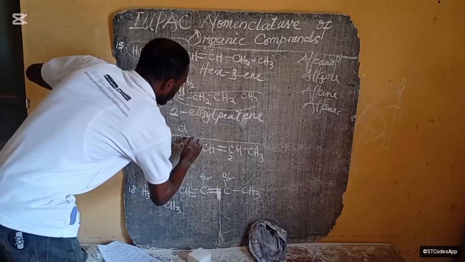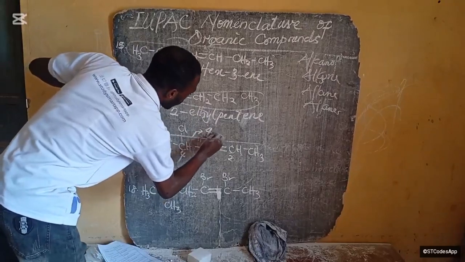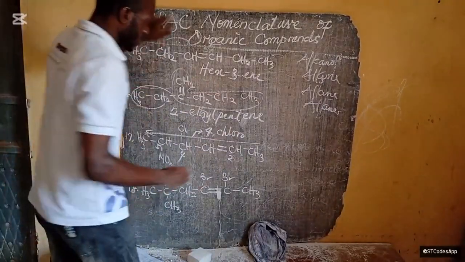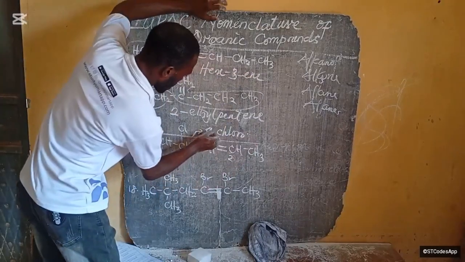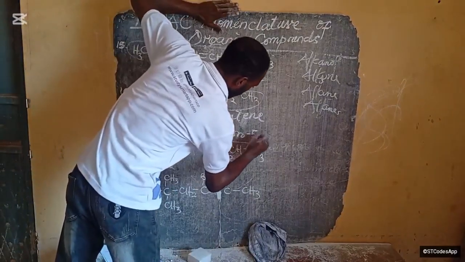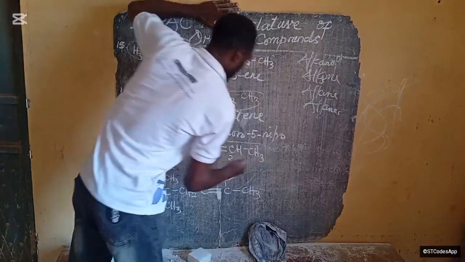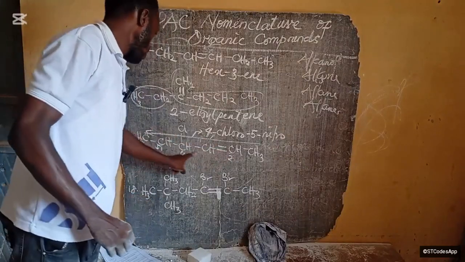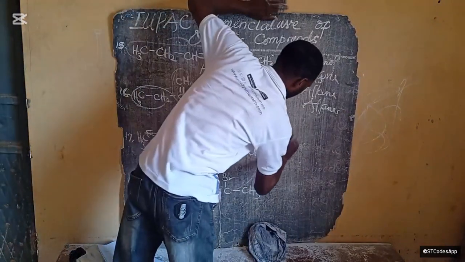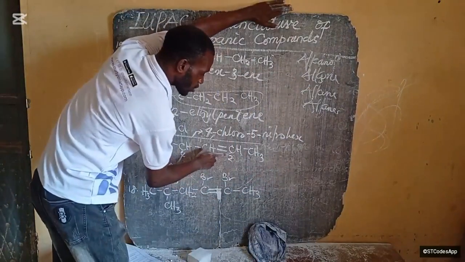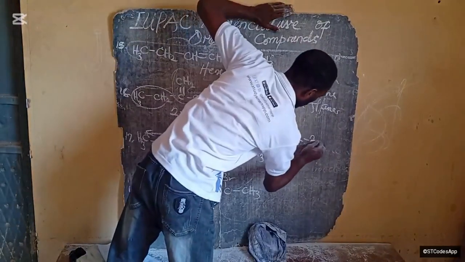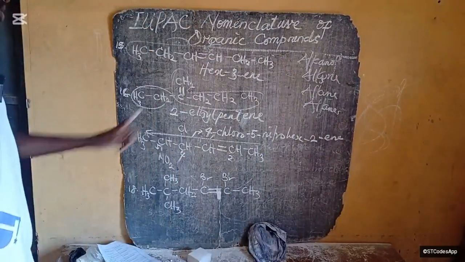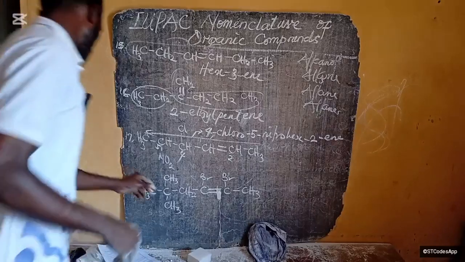So the name of this one is going to be 4-chloro-5-nitro, 1, 2, 3, 4, 5, 6, hex. Our double bond is on carbon 2, hex-2-ene, because it's 1 double bond. So this is going to be the name of this compound.